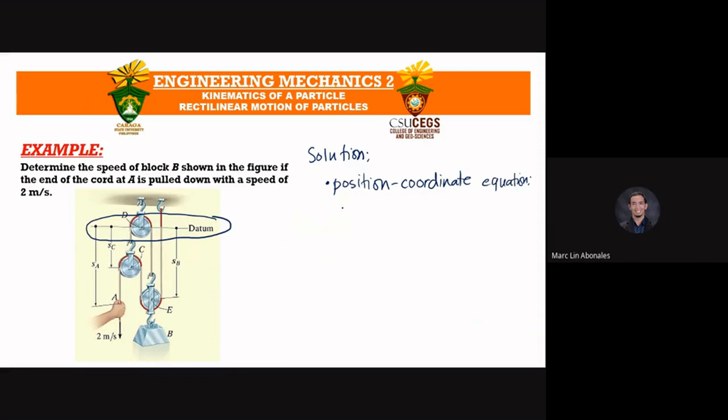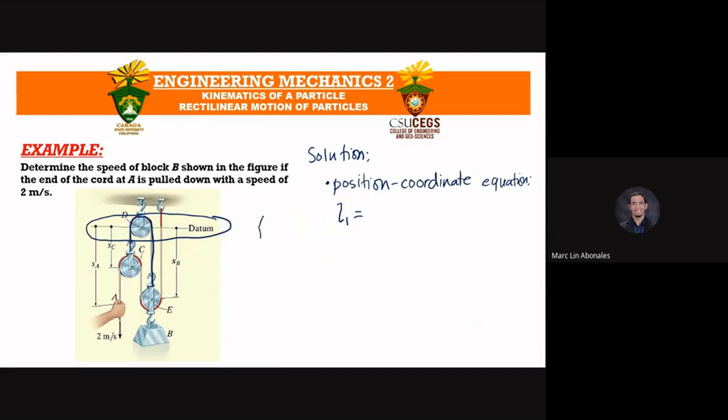So for the first chord length, we will represent that with L1, which is the total chord length minus the red colored chord length.